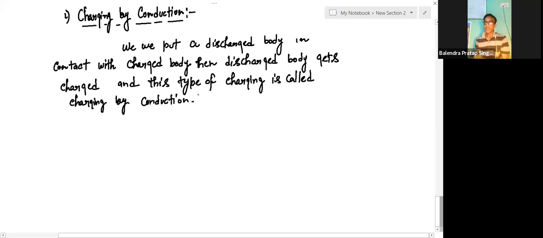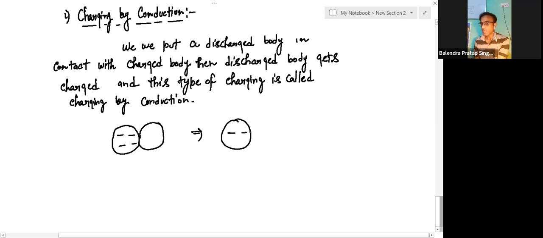Now let's try to understand. Suppose I take a body which is negatively charged and has 4 electrons, and I put it in contact with another body which is neutral, discharged. The charge gets equally distributed in both bodies, so the first body gets 2 negative charges and the other body gets 2 negative charges. So these two bodies share their charges.